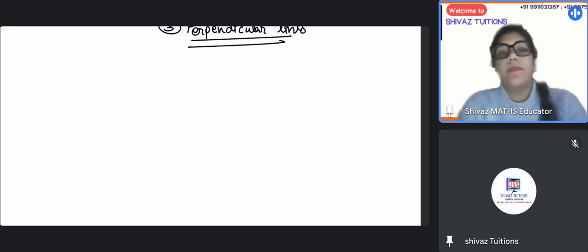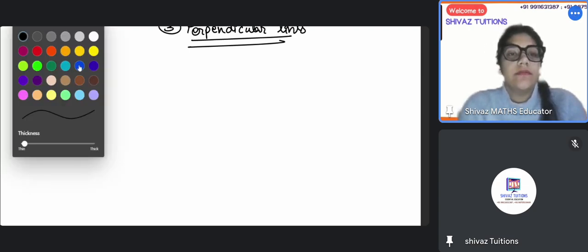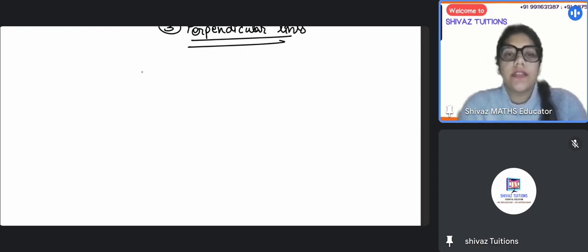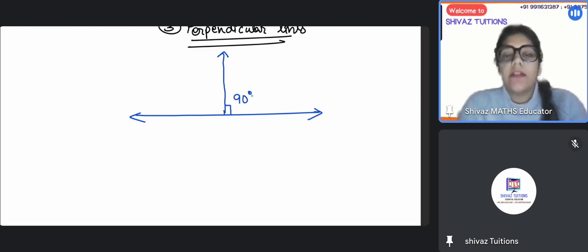The lines that lie at 90 degrees. Let me first draw the lines. This is my first line and this is my second line, and this is a 90 degree angle. Let me name them X and Y.